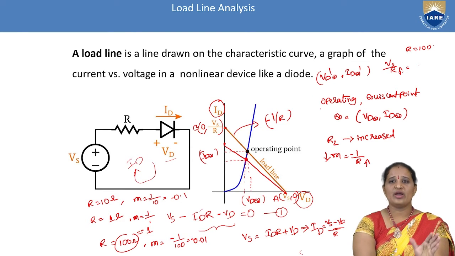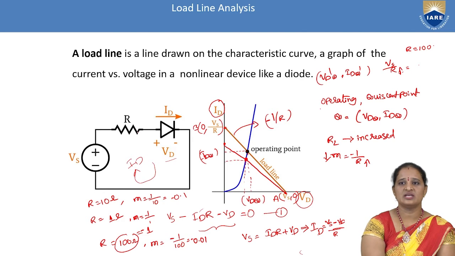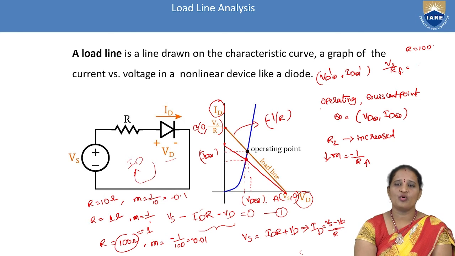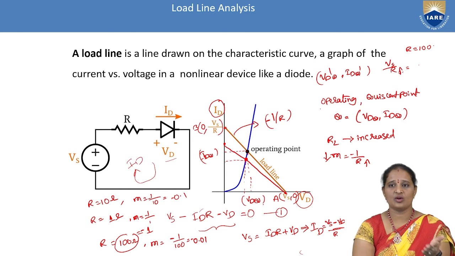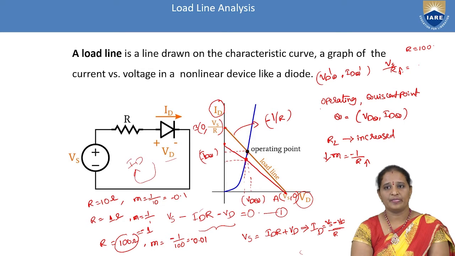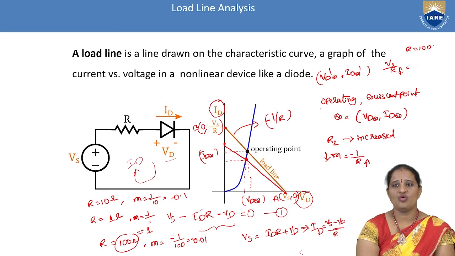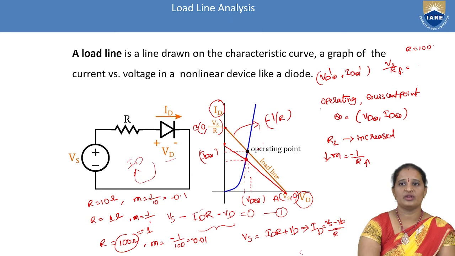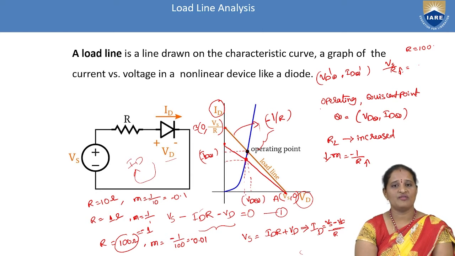Whenever we change the load resistance, it changes the slope of the load line, and hence we can observe a shift in the operating point, which describes the nonlinear behavior of a device like a diode. The region below the operating point is said to be the linear region of operation, and above the operating point is said to be the non-linear region of operation.